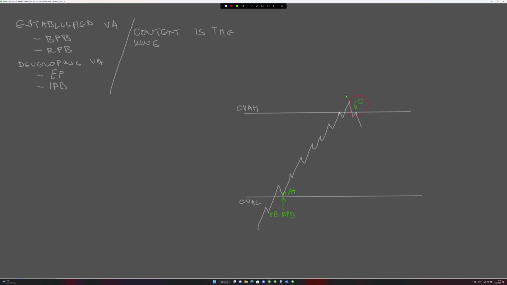It also depends, of course, on what is on the left side. If we come, let's say, from here, something like this, into this position, then this is a C setup.